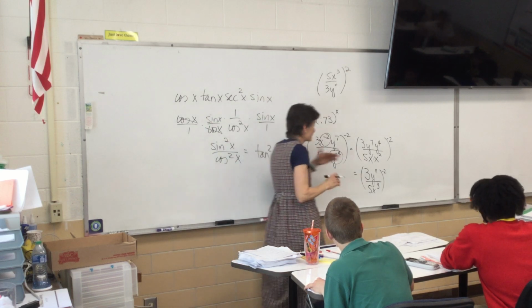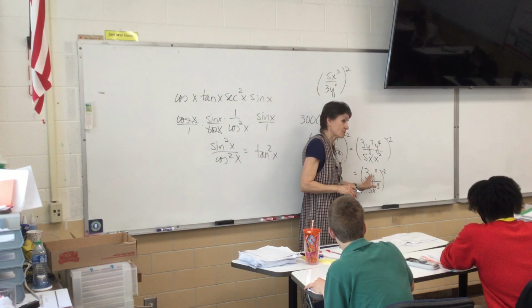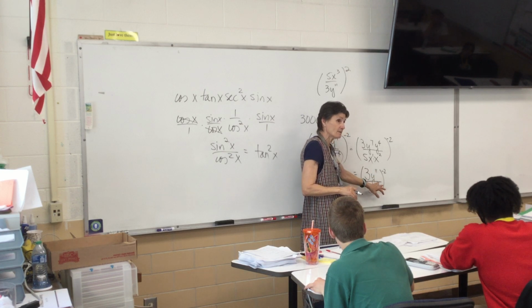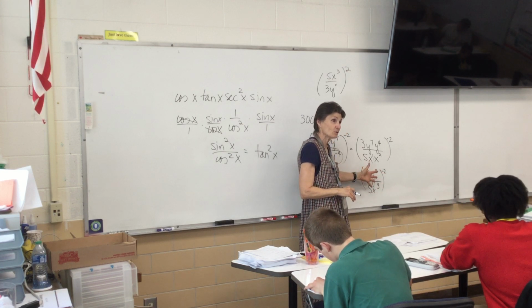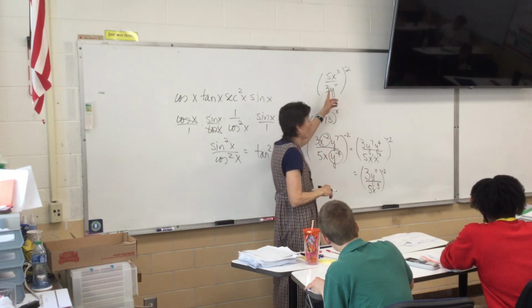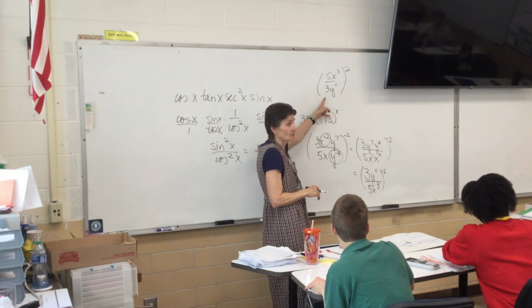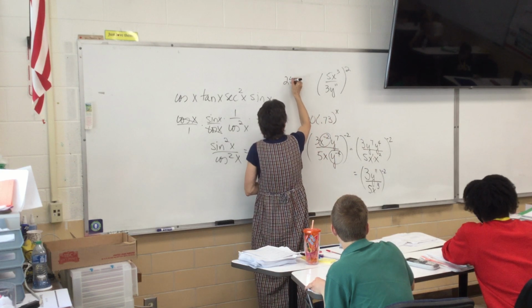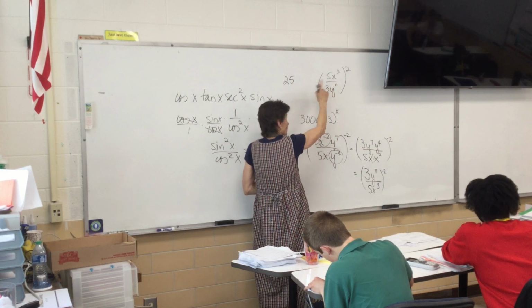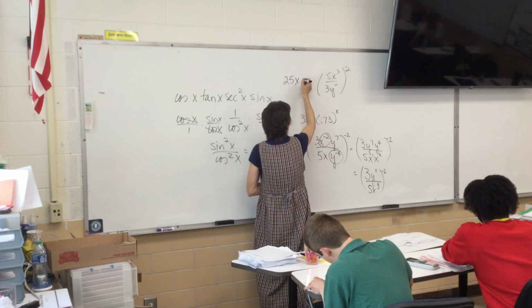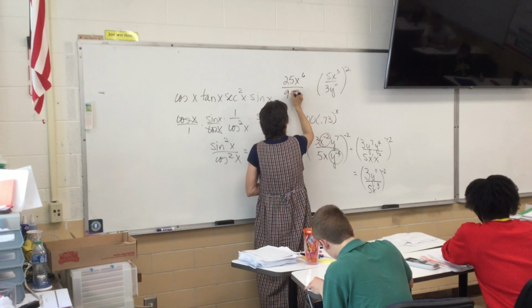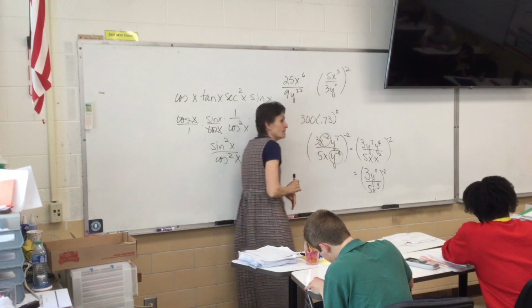Now, kids, if you take everything in here to the -2nd power, you see how every exponent will be negative, and that will just make everything change? So we just do it all at once. Flip the whole thing over. Now, square it all, we get 25, 5 squared, that's 25x to the 6th over 9y to the 22nd.